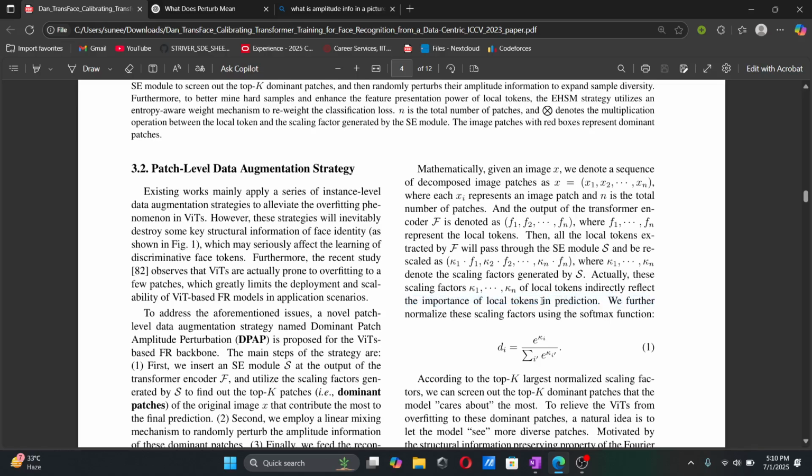So basically, what the SE module does is give out a number which could represent how important the patch is in facial recognition.